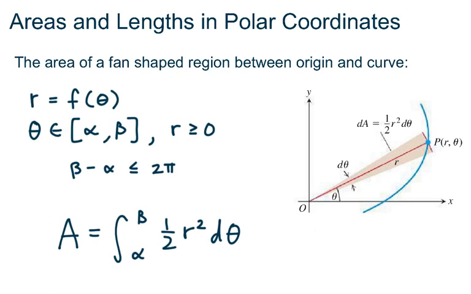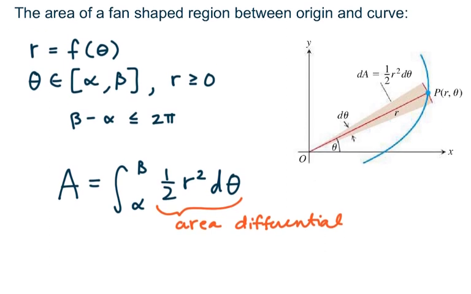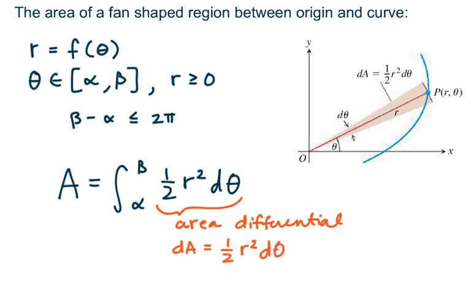And so 1/2 r squared d theta, this is called our area differential. And that area differential could be defined as saying, well, dA equals 1/2 r squared d theta, or 1/2 f of theta squared d theta.